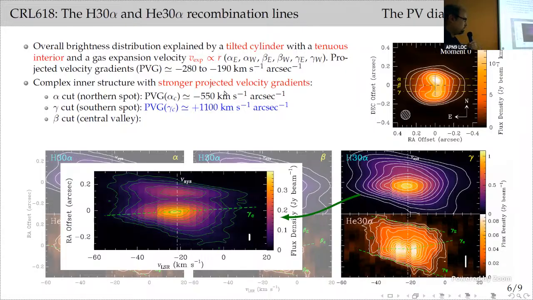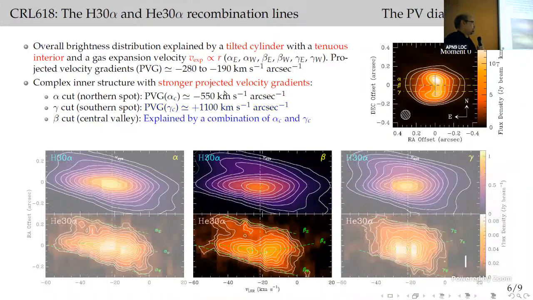The sign of this gradient is positive, in contrast with the gradient that we have in the alpha cut, which is negative. This has many implications, and the most important one is that there are significant differences between the expansion direction of the emitting gas in both cuts. For the middle cut, there is a mixture of the alpha and gamma ones.